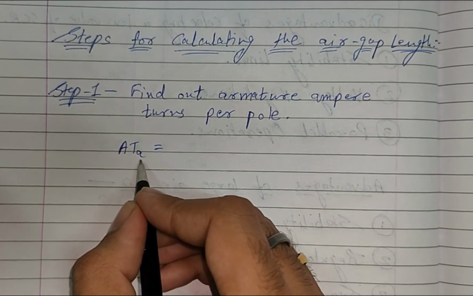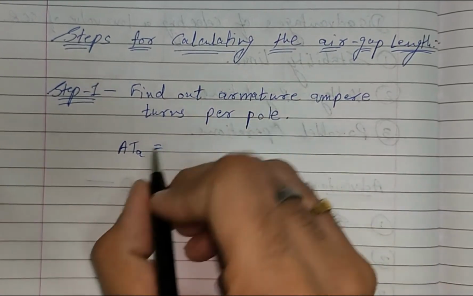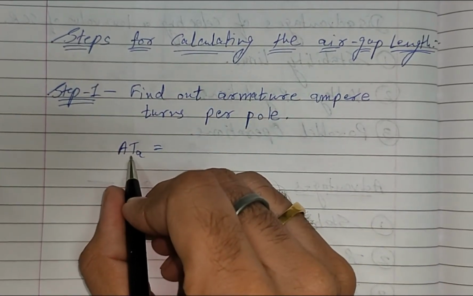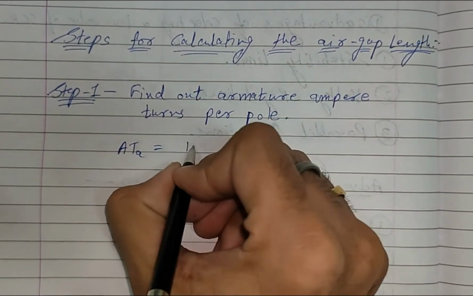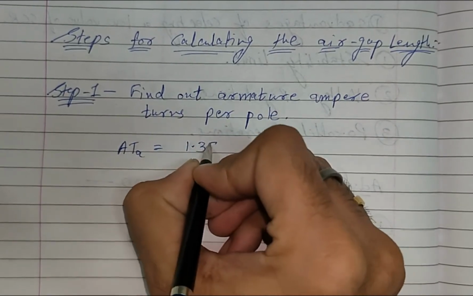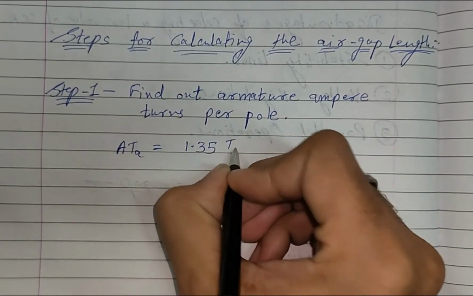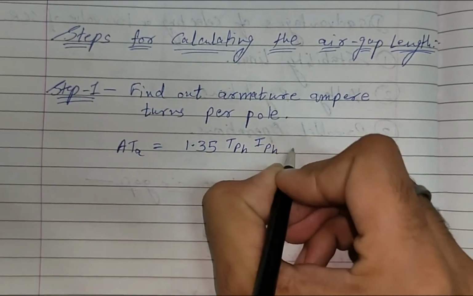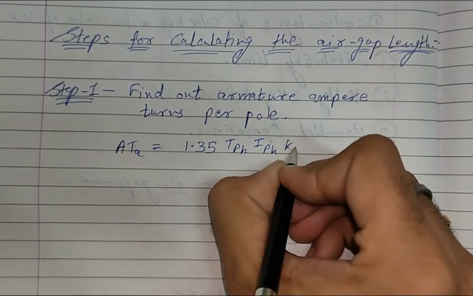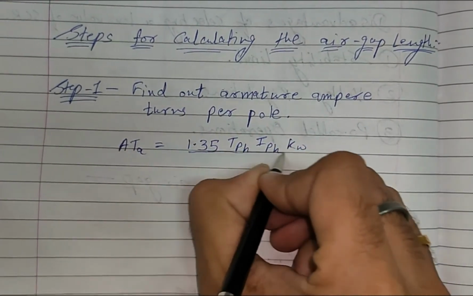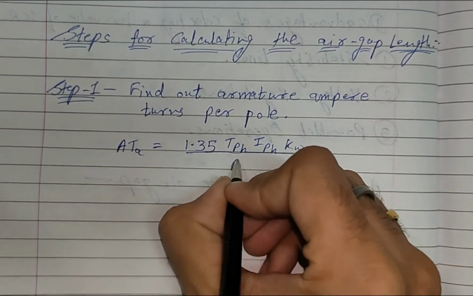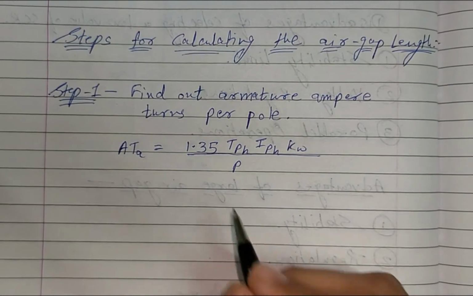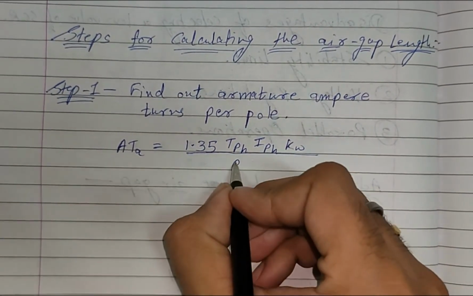Small a in the subscript represents the armature, AT represents the ampere turns, and it is given by the formula 1.35 T_ph I_ph k_w divided by p, where this is small p.